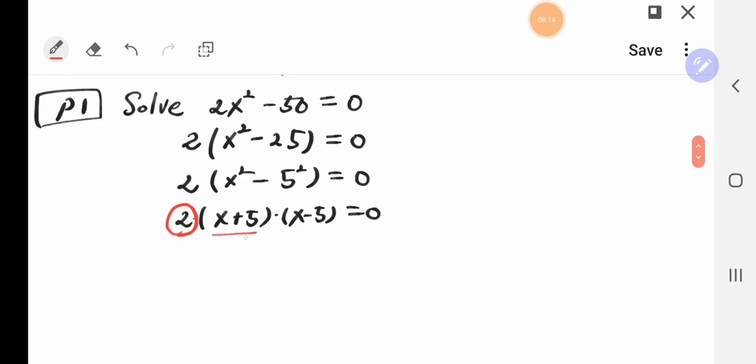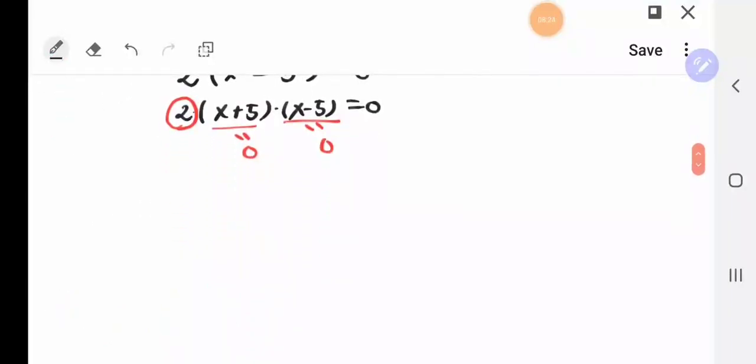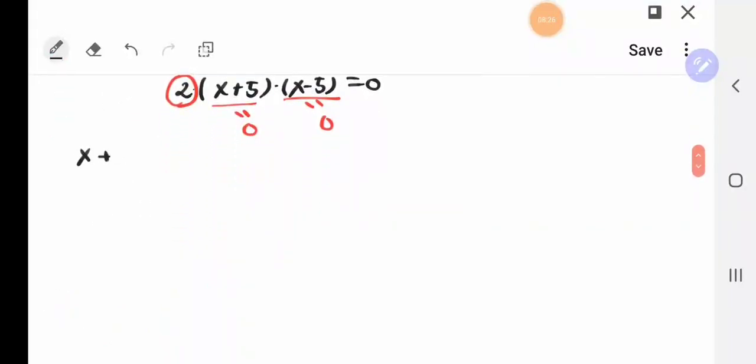And for x plus 5, we can now set x plus 5 equal to 0, and then x minus 5 equal to 0. So from these two, we can find the values of x. From the first one, x plus 5 is equal to 0, and from the second factor, x minus 5 is equal to 0. Minus 5 each side, then x equals negative 5.